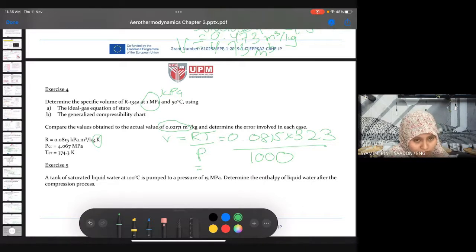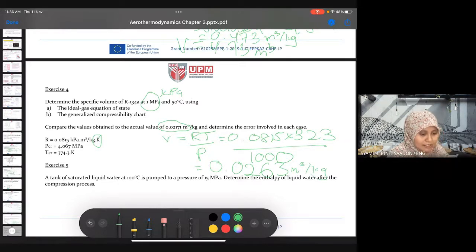But we just want to see how much the answer deviates if you use the ideal gas equation of state. We want to see how much the error is between the actual and the ideal assumption. So we get around 0.0263 from the ideal gas equation of state, meter cube per kilogram.